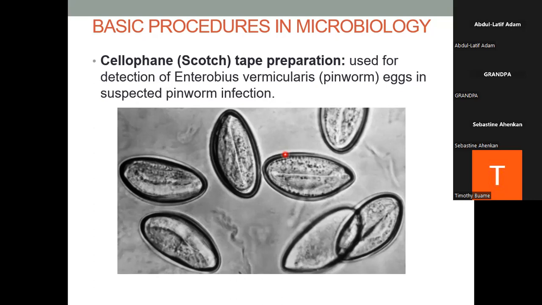So if you have a small girl with pinworm infestation, sometimes they will scratch to the extent that they will push some of the eggs to the vulva area. Once they push some of the eggs in the vulva area, inadvertently, they become lodged in the vagina.